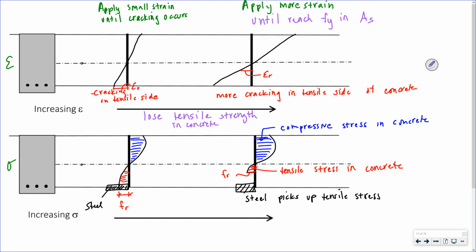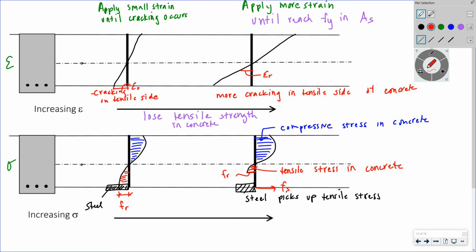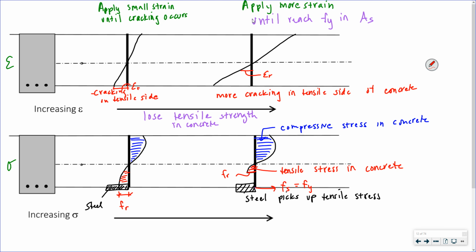So let's say we've reached Fy. I can say that the stress in the steel, I'll refer to it as Fs, is now going to be Fy. Fs is the stress in the steel. Fy means it has reached the yield stress.